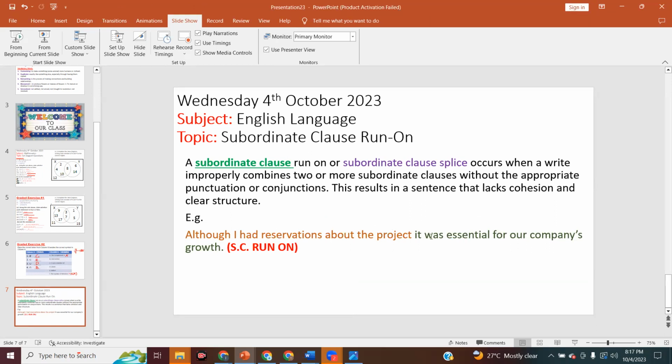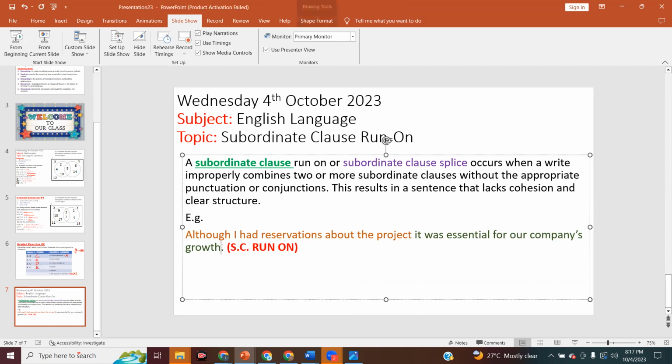If you're trying to connect them, there's no punctuation, conjunction, nothing in the middle, right? So we have to correct it. How can we correct it? So let's do the corrected version: although I had reservations about the project, comma, it was essential for our company's growth.